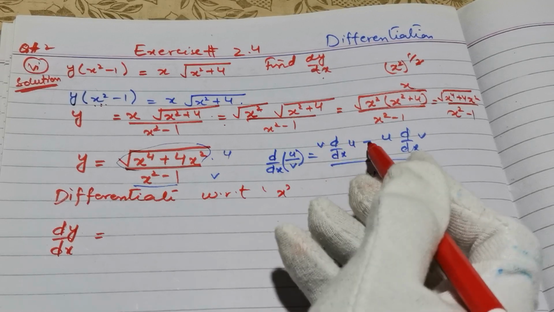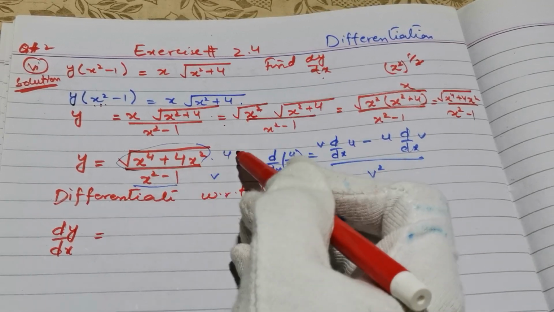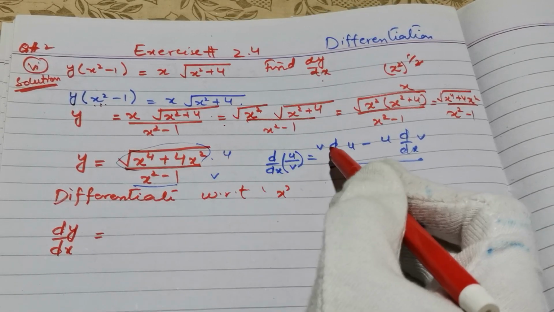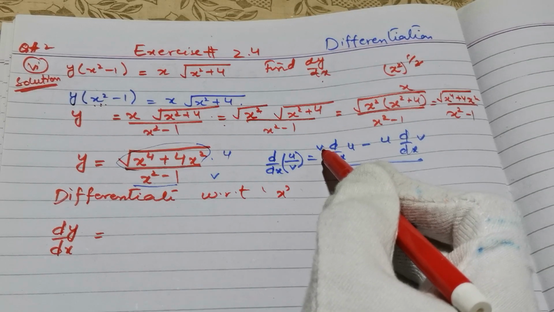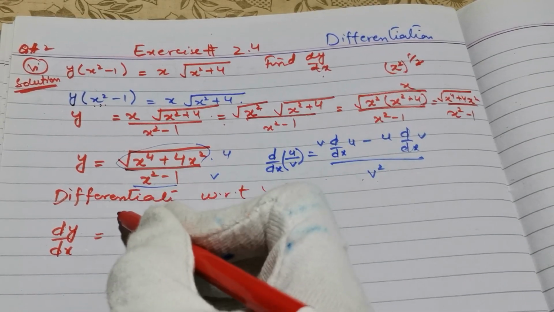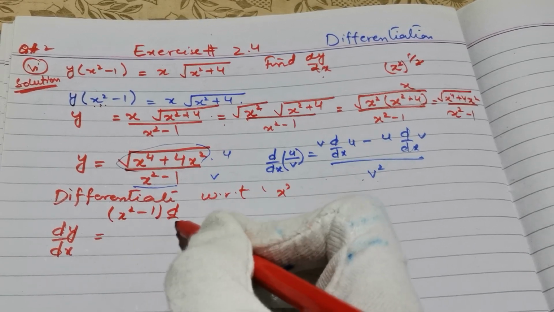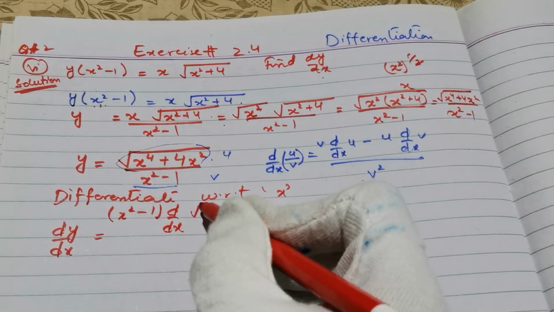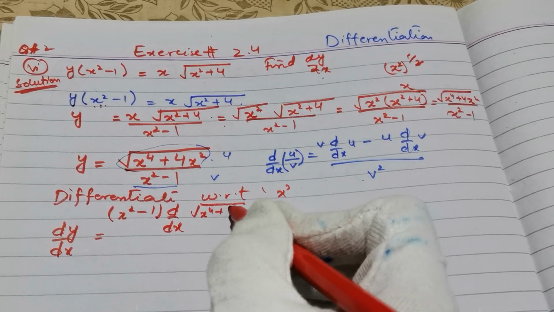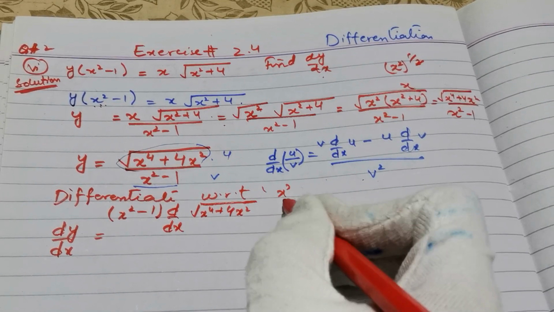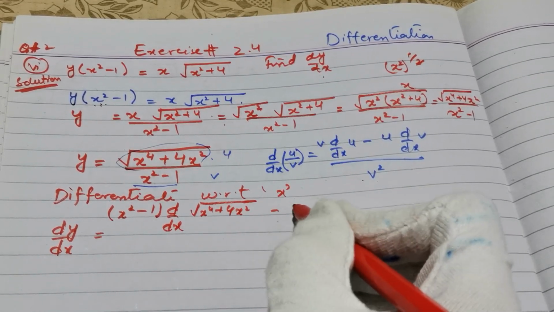Now we'll put quotient rule. We consider this term as u and this term as v. So first of all we will write v. V is x square minus 1, derivative of u. U is under root x4 plus 4x square, minus u.